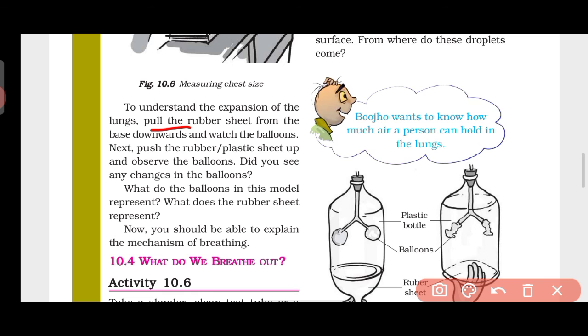And whenever we removed the force by our hand, the diaphragm, or the rubber sheet at the base, was coming back to its original position. So the diaphragm is just like that. So this mechanism can be used to understand the mechanism of breathing in humans.